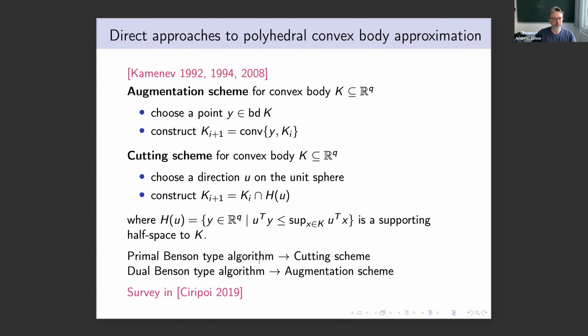And in both worlds, we use different notations or different terms for the same idea. A nice survey of all these connections, also about the convergence analysis, can be found in a recent PhD thesis of Chiripoy.